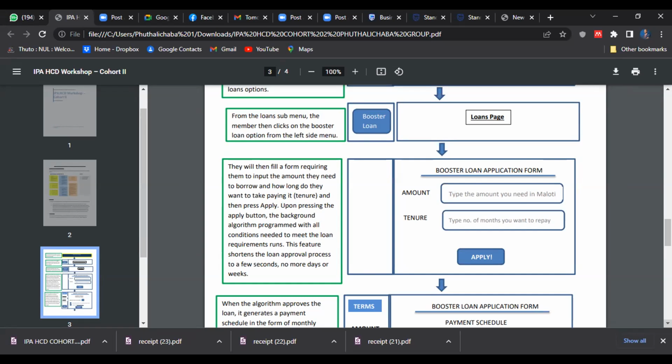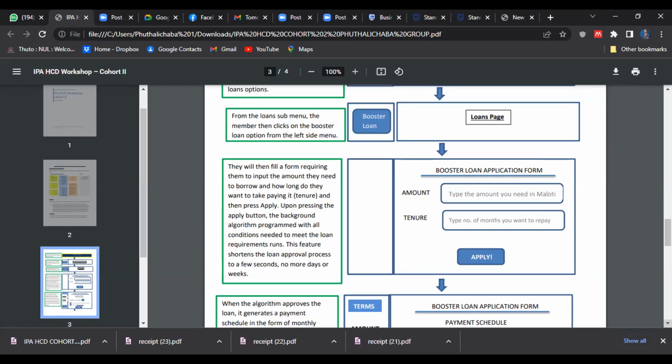So after you put in the amount and you put the period, because for now we have short-term loans for the period of 12 months. That means however you want to repay your loan must be within that period.